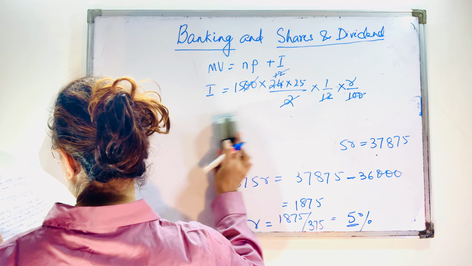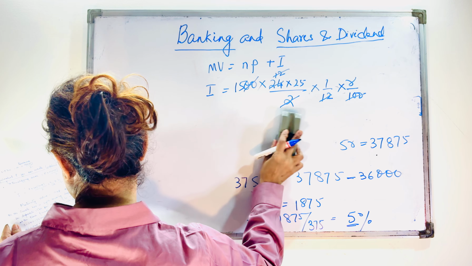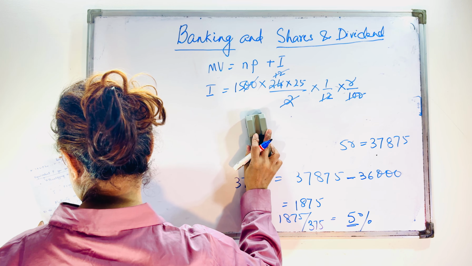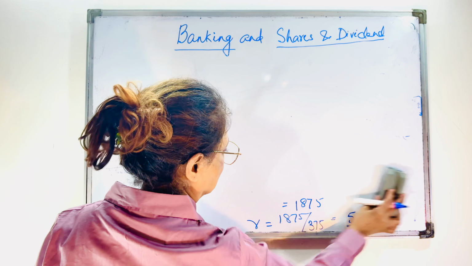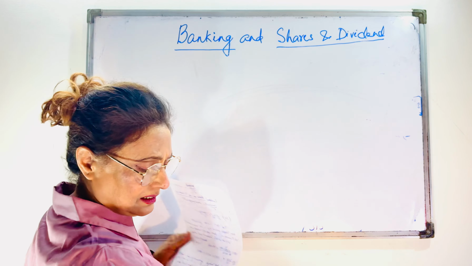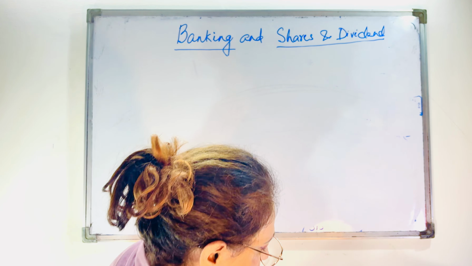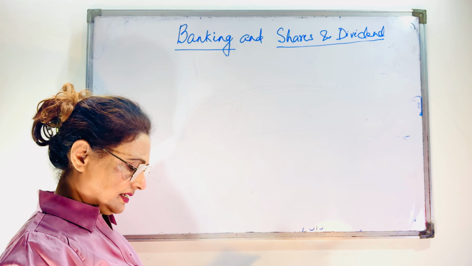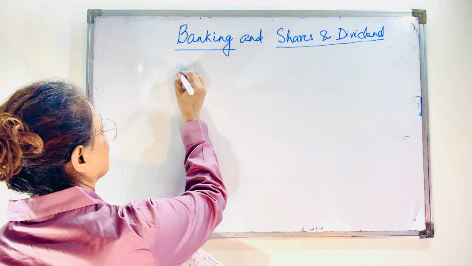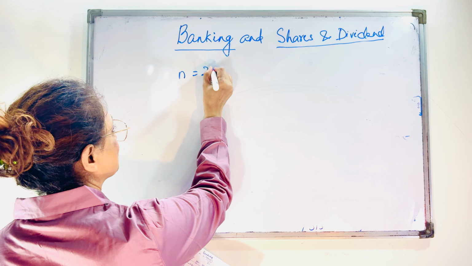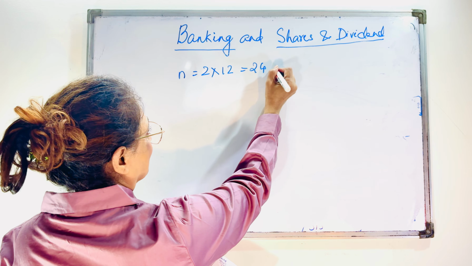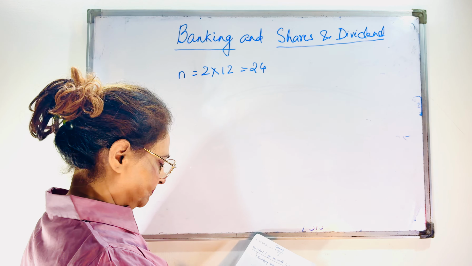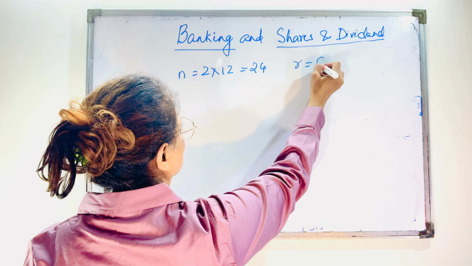Mohan has a recurring deposit in a bank for 2 years at 6% per annum. So here, what is given? Recurring deposit in a bank for 2 years. n is 2 years, which is 2 into 12, immediately convert it, n is 24. Rate is given to be 6%.